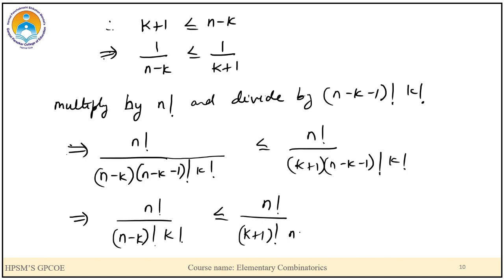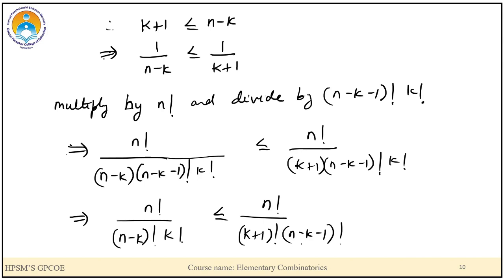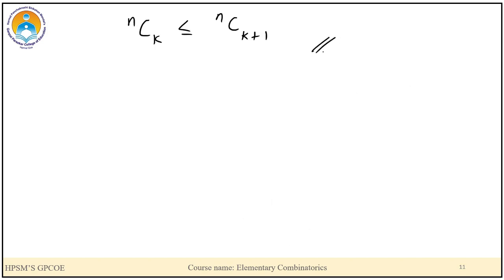And I shall keep (n minus k minus 1) factorial as it is. The left hand side, if you observe, is simply nCk, and the right hand side is nC(k+1). And this completes the proof of the inequality.